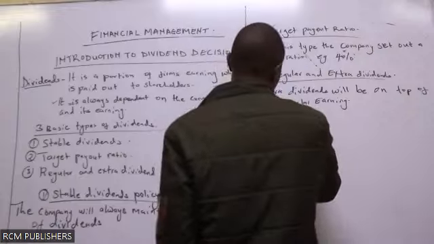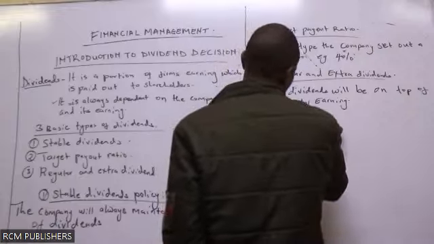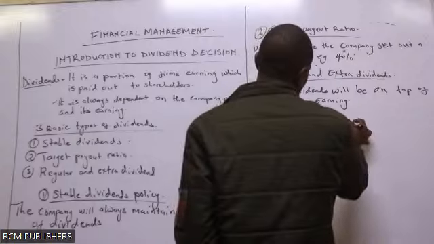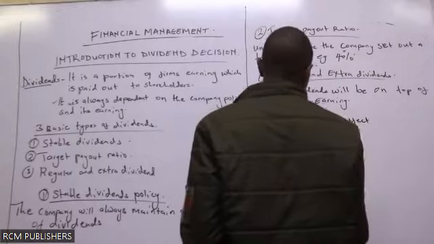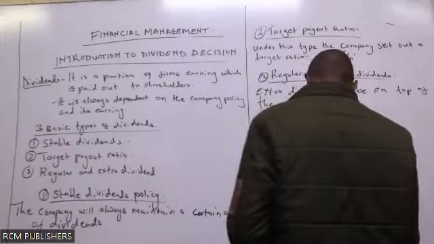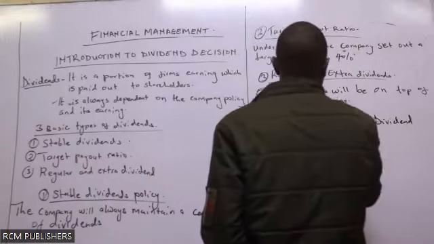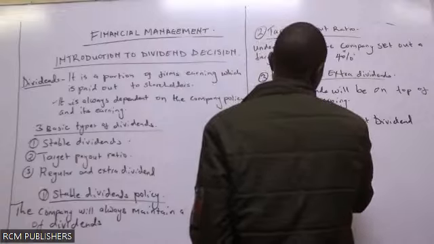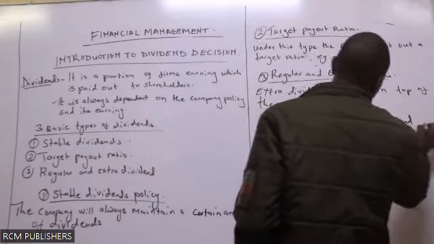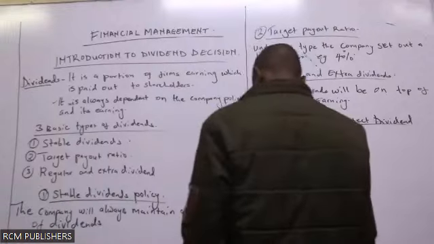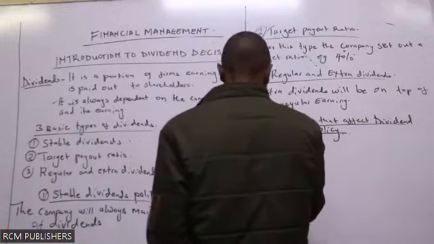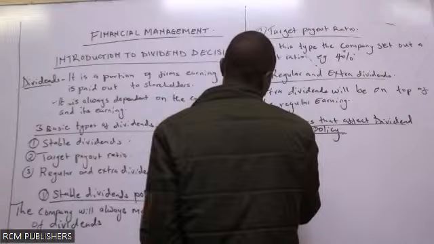So we have some factors that affect dividend policy. What are some of the factors that may affect dividend policy? One, the fund required.